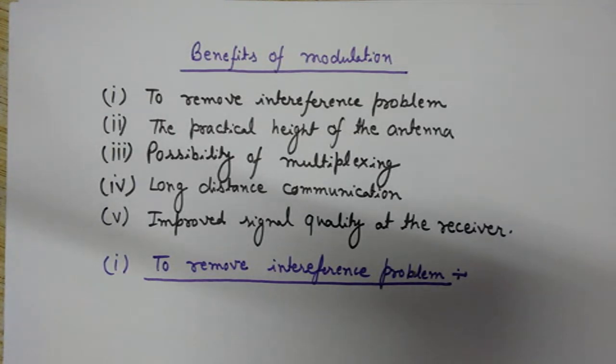We have seen it earlier. Hence, by modulating the low frequency message signal onto the high frequency carrier wave, it becomes possible to allocate a separate frequency band to different message signal transmissions. Hence, many stations can transmit their message signals simultaneously without any interference by using carrier signals of different frequencies. Did you get this?